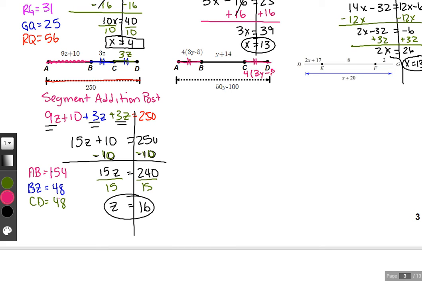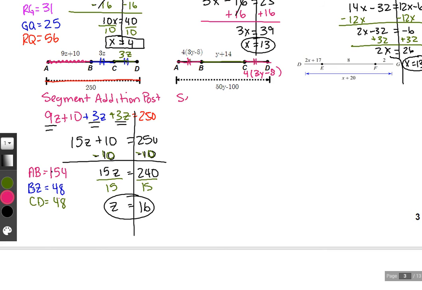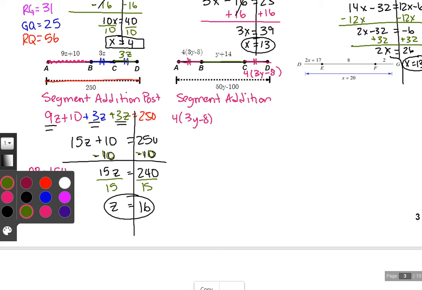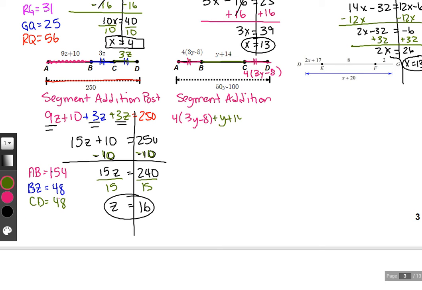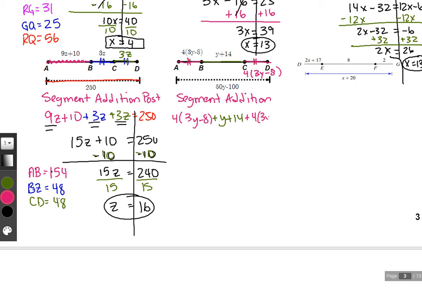Because this is segment addition, we have 4 times the quantity 3y minus 8, plus the green section in the middle, y plus 14, plus the other raspberry color, is that raspberry, plus 4 times the quantity 3y minus 8, is going to be equal to 50y minus 100.